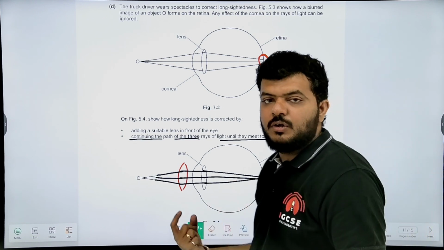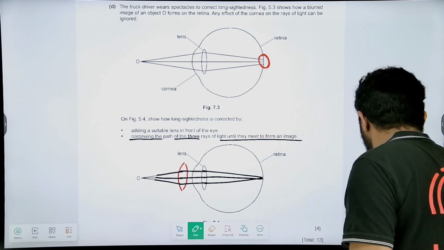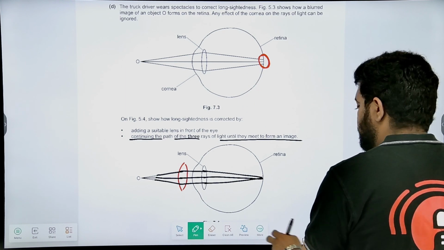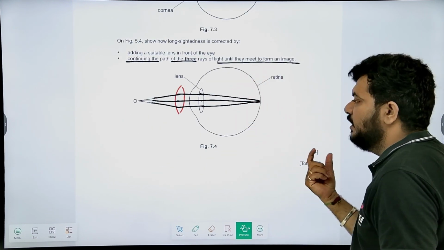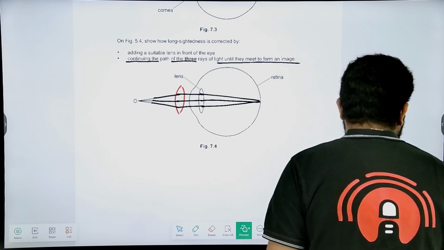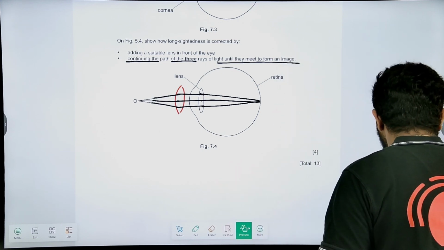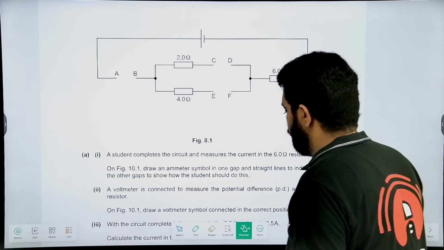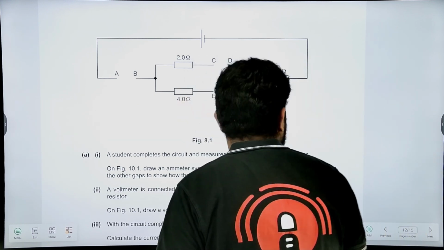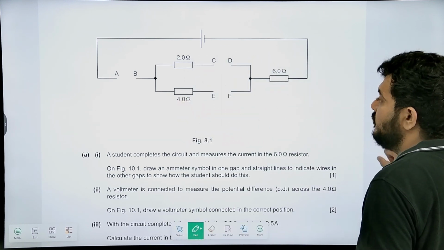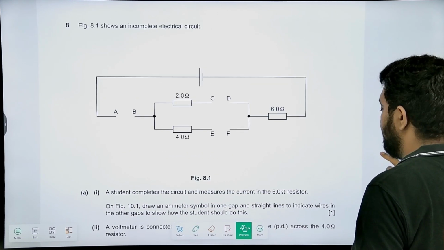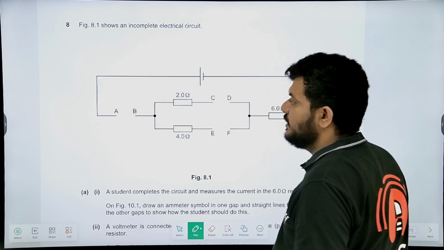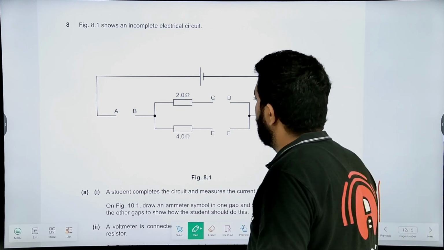My lines are not straight, but if you have a proper tool, you can draw straight lines and answer this question. See, this simple question is for 4 marks, right? So with this, you should also be making a list of things you should carry to your exam. I have a lot of kids who come without a protractor to give a test of light, to give a test of forces, right? Please don't do that, it's your board exam.